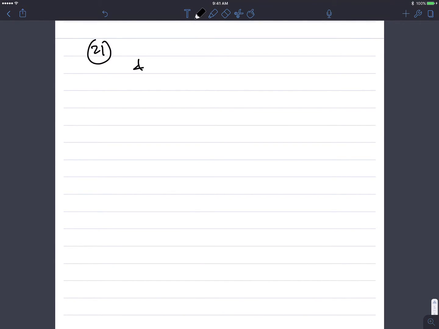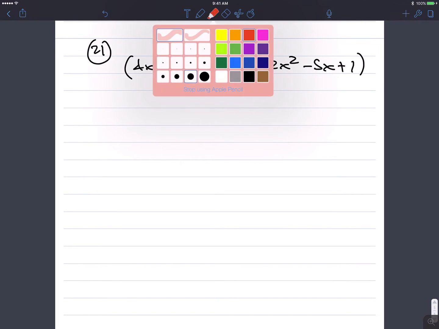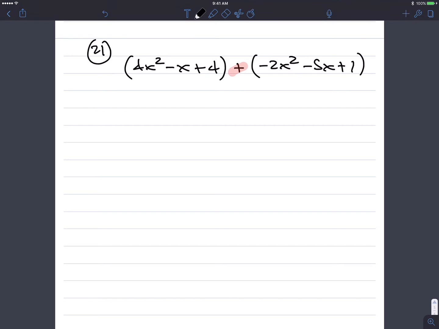21 is 4x squared minus x plus 4. We're adding, there's a -2x squared here, minus 5x plus 1. Since this is addition here, we just drop the parentheses. 4x squared minus x plus 4 plus a -2x squared minus 5x plus 1.